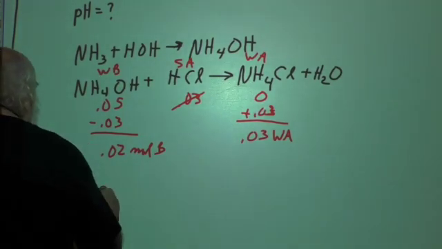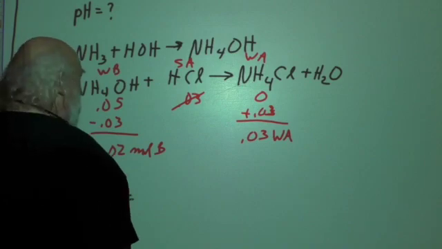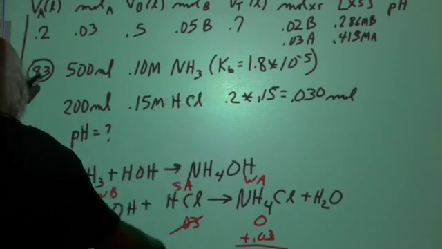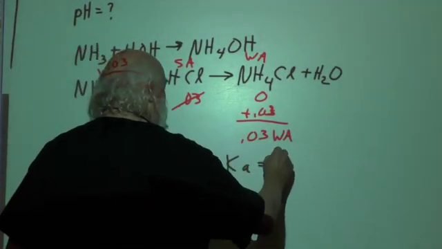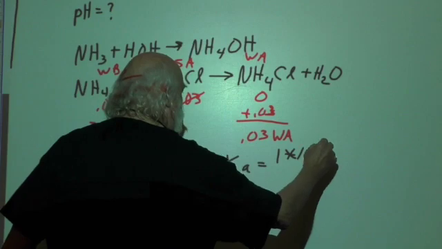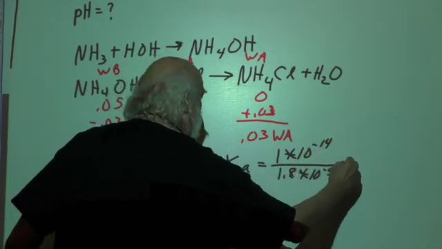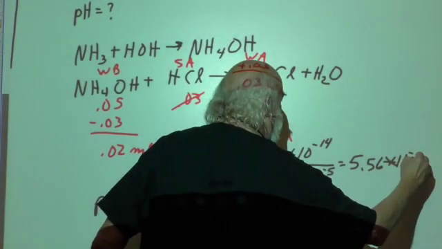So pH equals negative log of the Ka. Well, we don't have the Ka, we have the Kb. So the Ka is equal to 1 times 10 to the negative 14 divided by 1.8 times 10 to the negative 5, which is 5.56 times 10 to the negative 10.